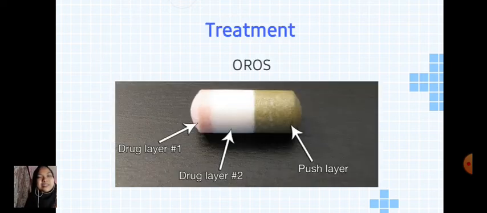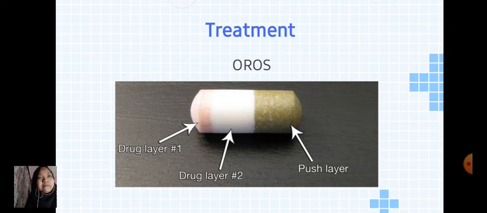So, OROS is the osmotic controlled-release oral delivery system. It is an advanced drug delivery technology that uses osmotic pressure as the driving force to deliver pharmacotherapy in many therapeutic areas.